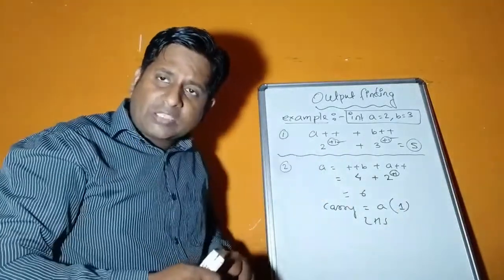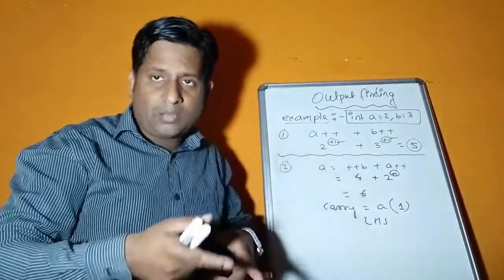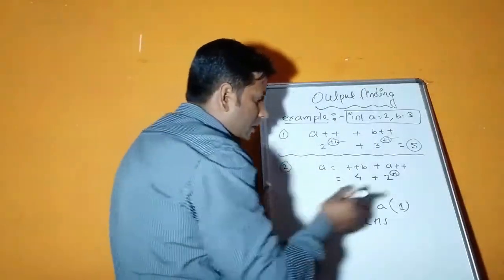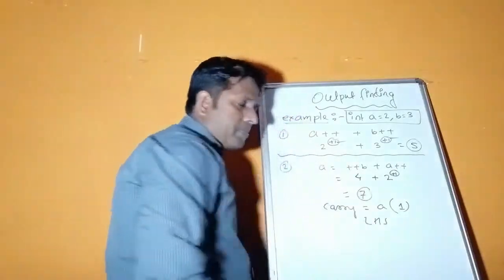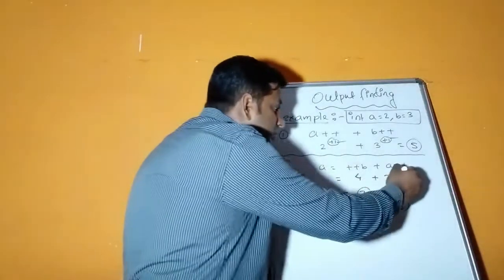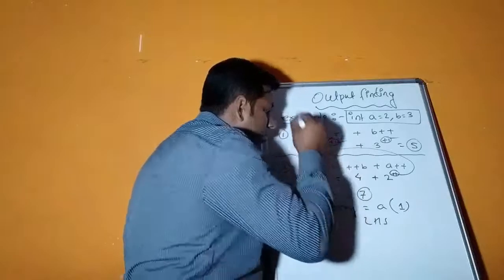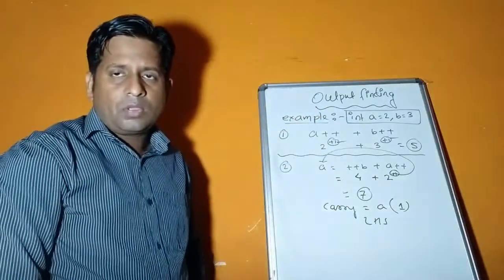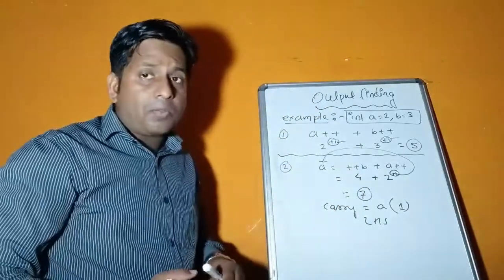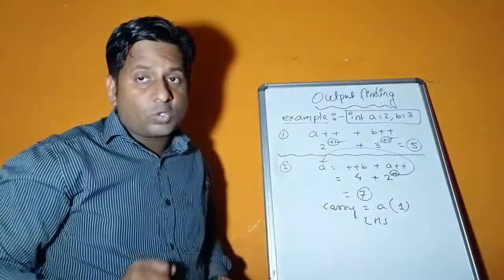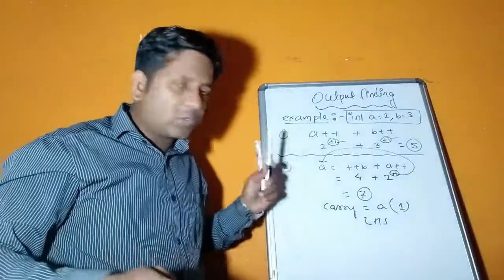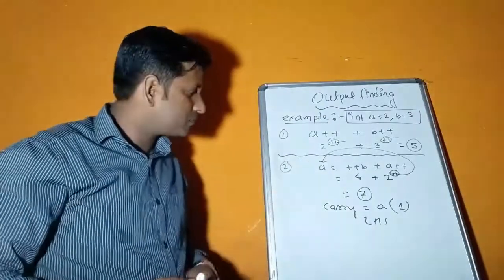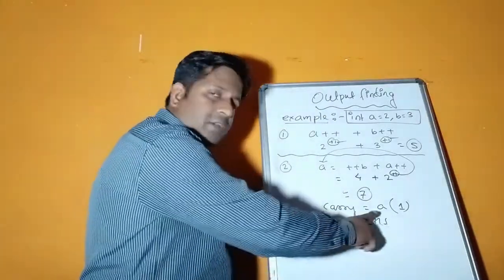In such case, the carry is added. That means the carry will be added and the answer becomes 7. Reason, this carry is same as LHS. So this is another type of trick you need to remember. It basically makes students confused. So this question is very important. So the carry part you need to check.